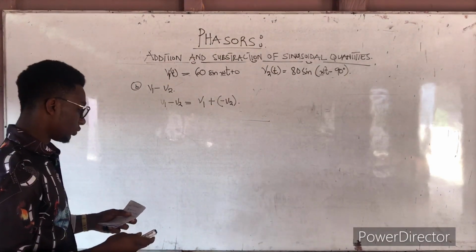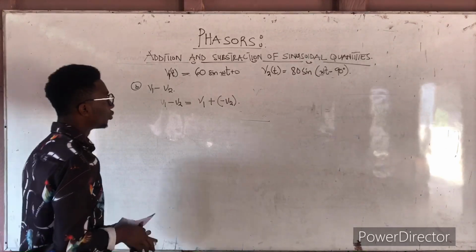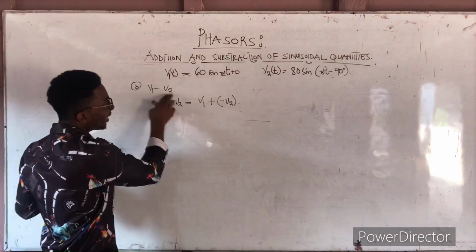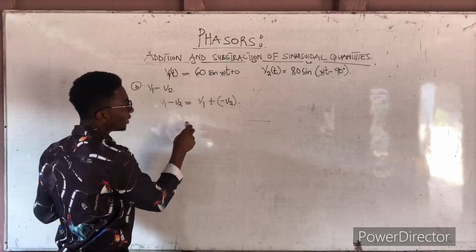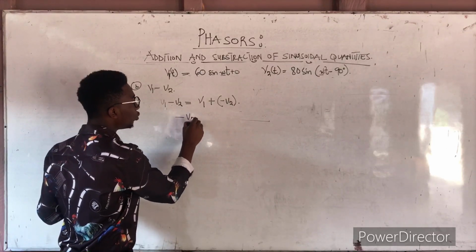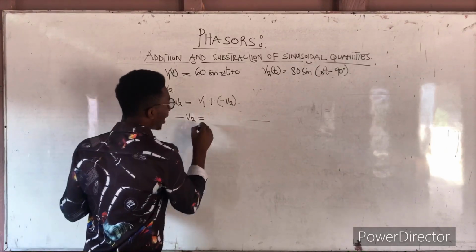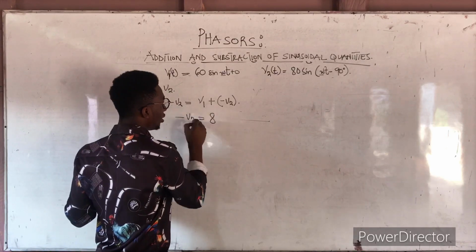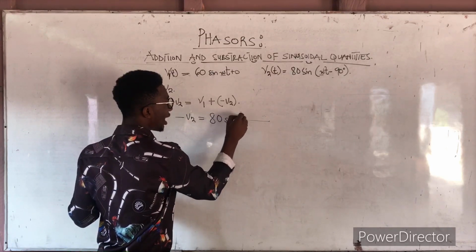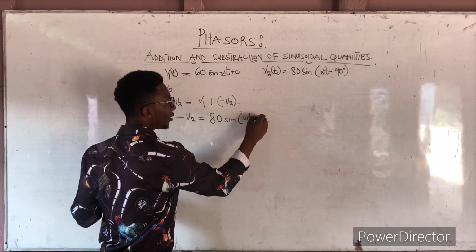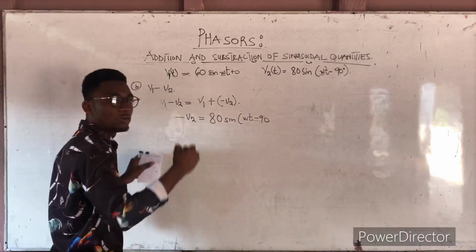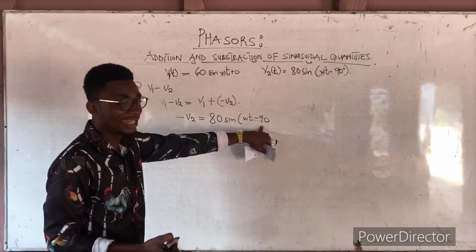So now, what we said was that when we want to subtract, we have to reverse one of them. So now we are reversing the negative V2. So the negative V2 reverse means that we have 80 sine of omega t minus 90. And we can only reverse by adding 180.